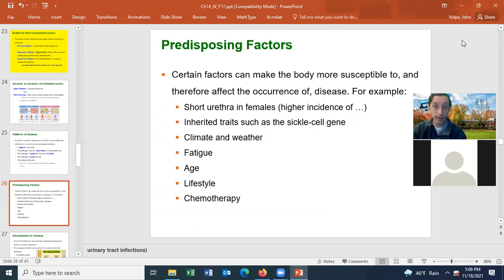There are inherited traits such as the sickle cell anemia gene, which make you more likely to come down with disease. Another thing which isn't entirely inherited, it's partially inherited, is that diabetic patients are more likely to come down with the disease. Climate and weather are more likely to affect the occurrence of disease. And I think we all know this.